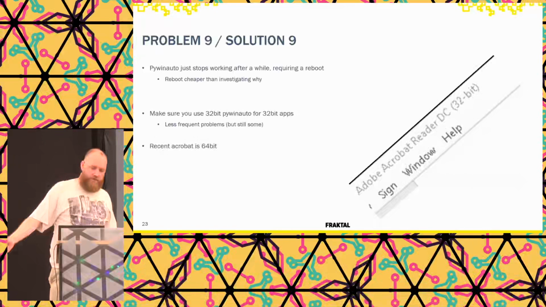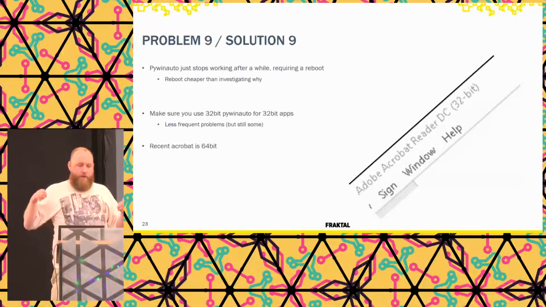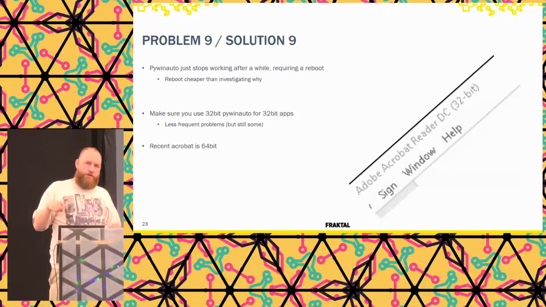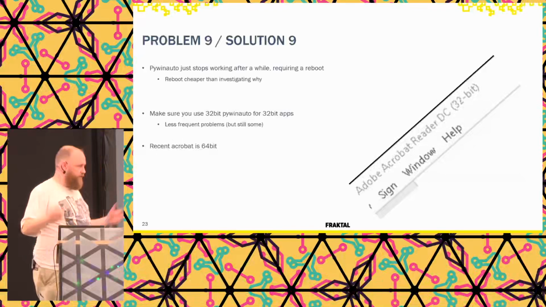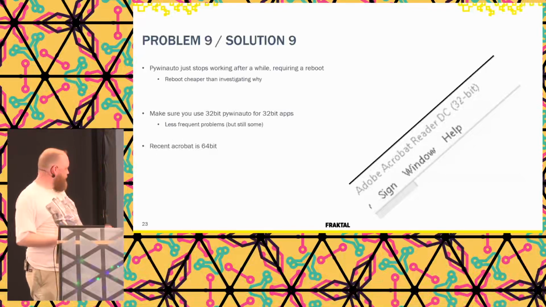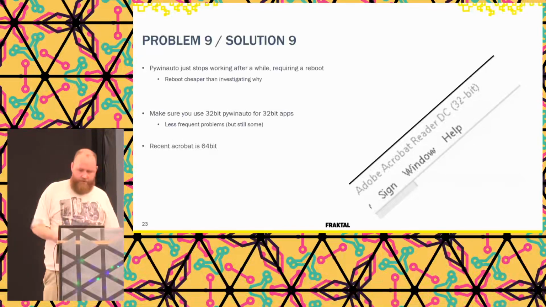And maybe you can't even do anything about it. If you use the 64-bit PyWinAuto for 32-bit apps, you're gonna have the problems arise more often. But you no longer need to maintain two different Python installations, because Acrobat is now 64-bit, finally, woohoo.